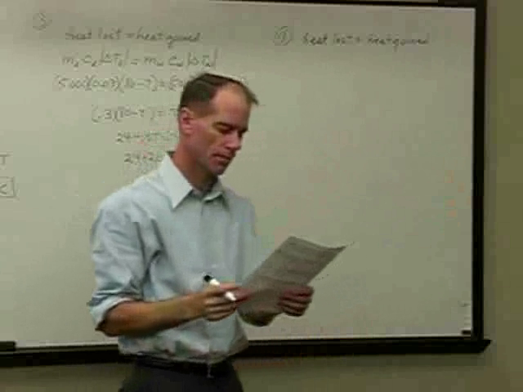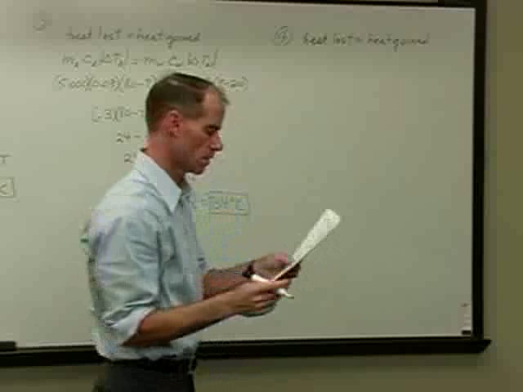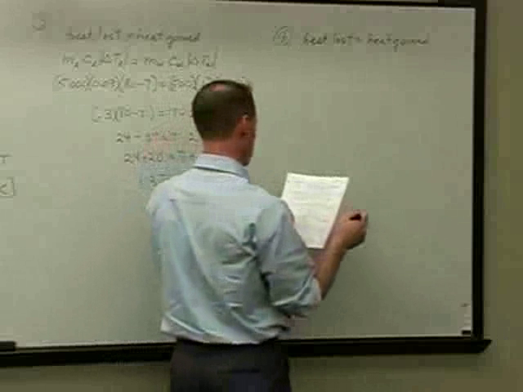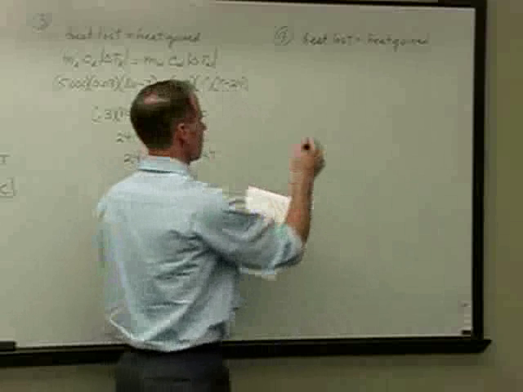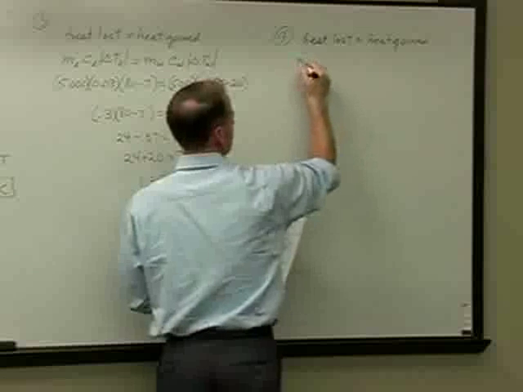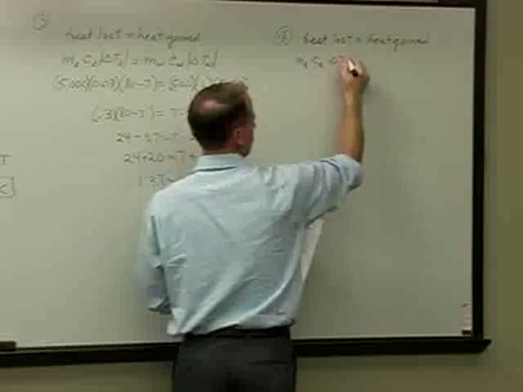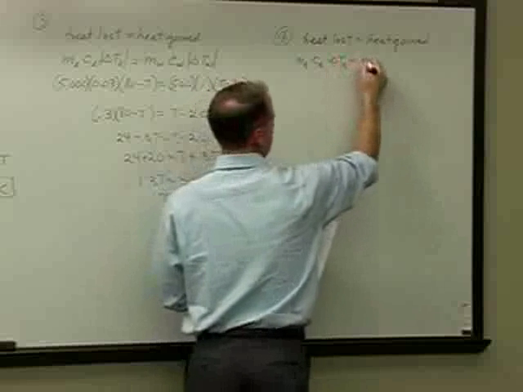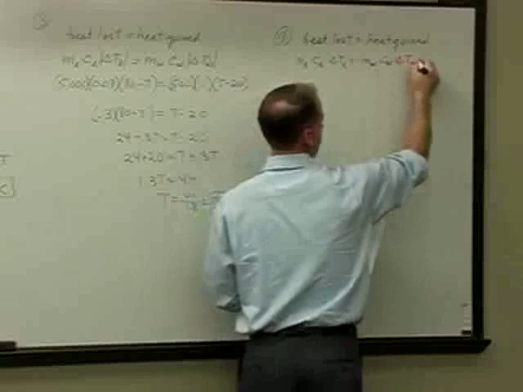Now for the thermometer, the mass of the thermometer times the specific heat of the thermometer times the change in temperature equals the mass of the water times the specific heat of water times the change in temperature.